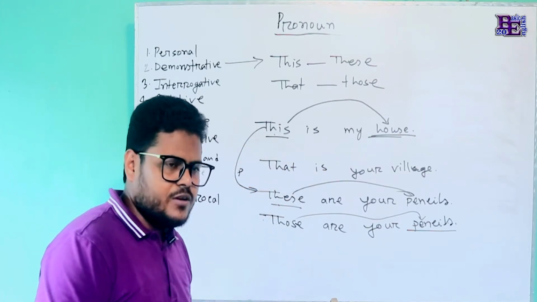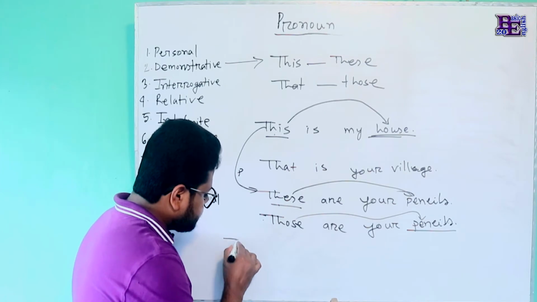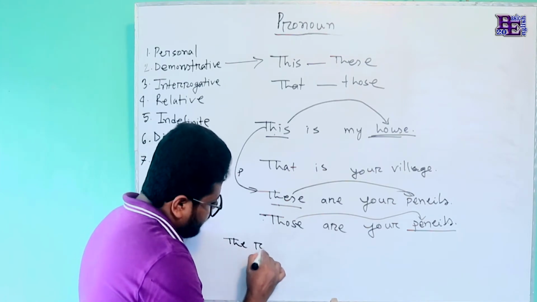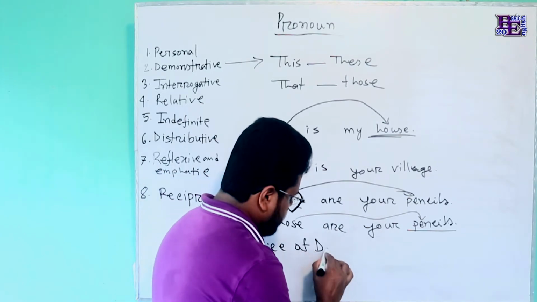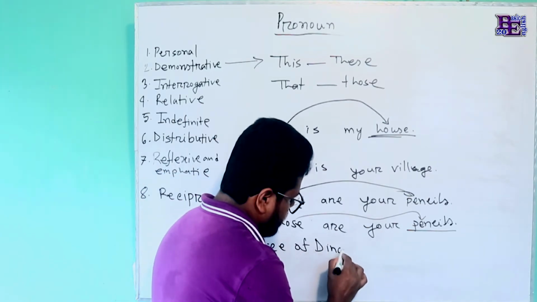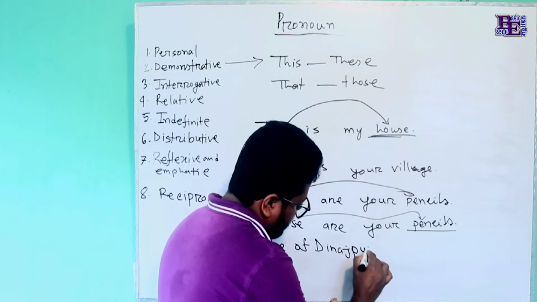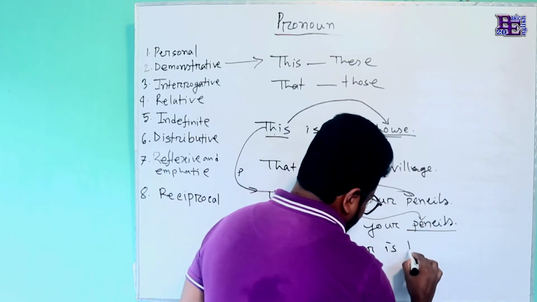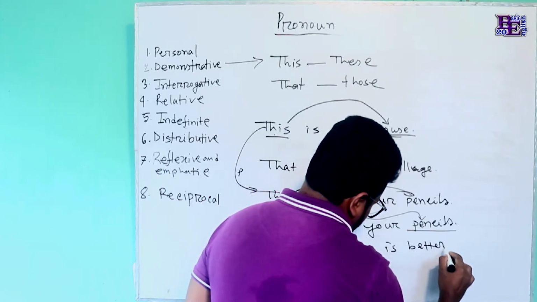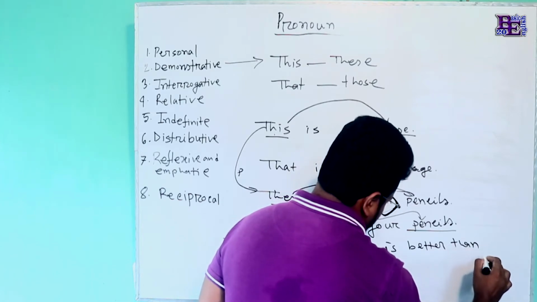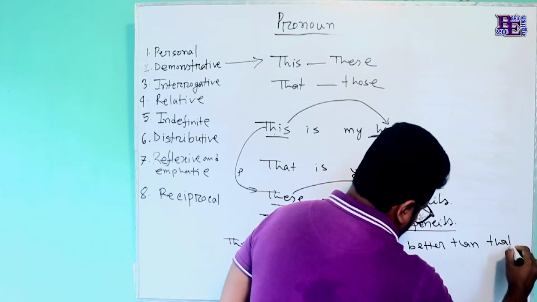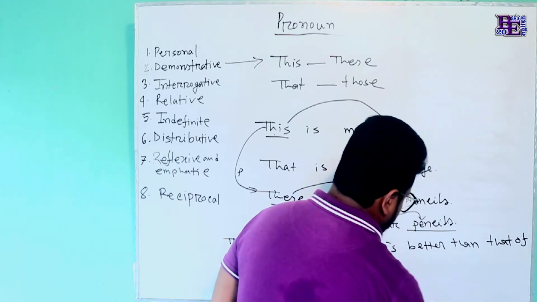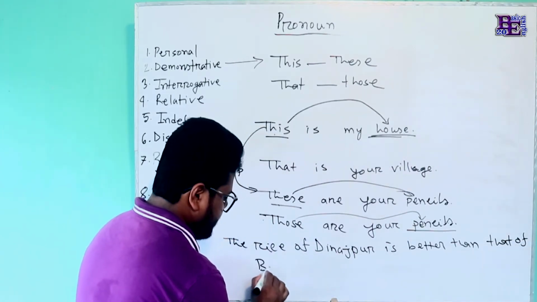Let's get an example. Okay, so if you say the rice of Dinajpur is better than that of Borishal.